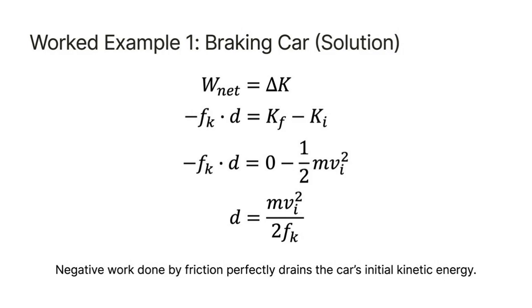Because the car comes to rest, the final kinetic energy is 0, so the relationship simplifies, showing that the frictional work equals the negative of the car's initial kinetic energy. Rearranging, we find the stopping distance is the initial kinetic energy divided by the friction force. This tells us that the negative work done by friction perfectly cancels out the car's initial kinetic energy, bringing it to a stop over distance d.